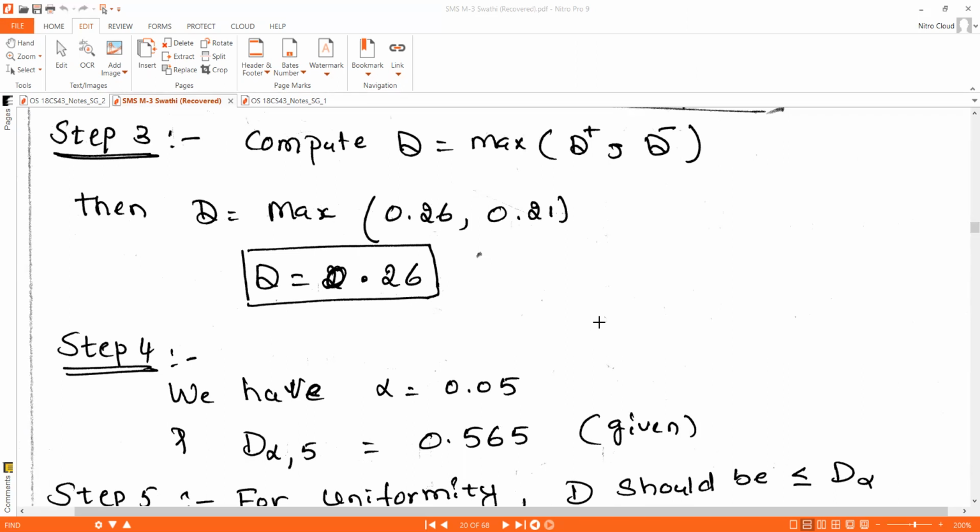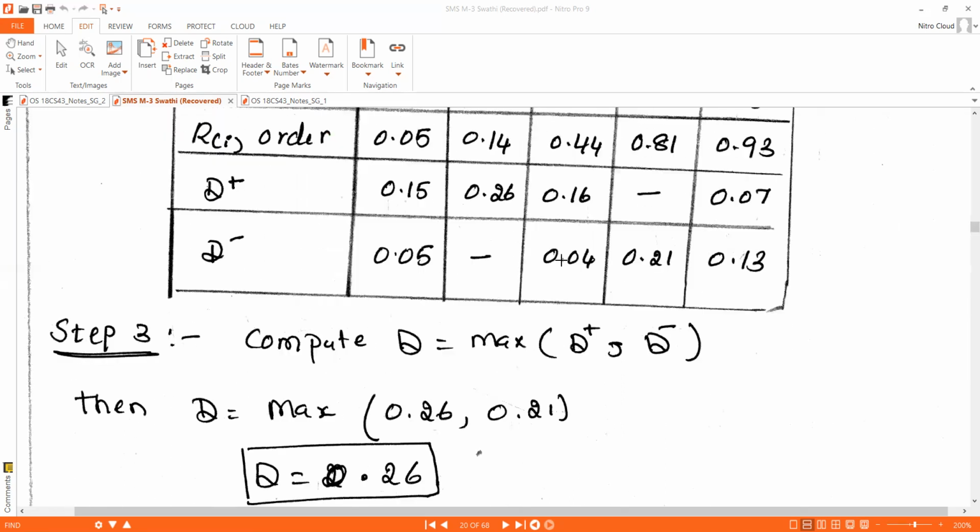Next, step 3, that is compute the capital D value. Capital D can be computed by using the formula capital D is equal to max of d plus, d minus. What is the maximum value in d plus among these values?